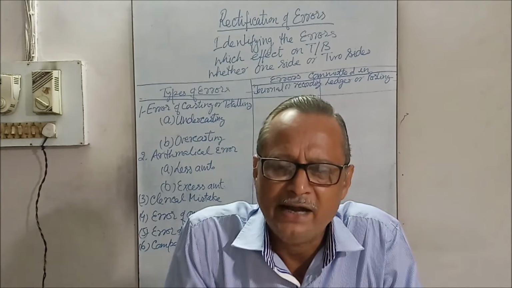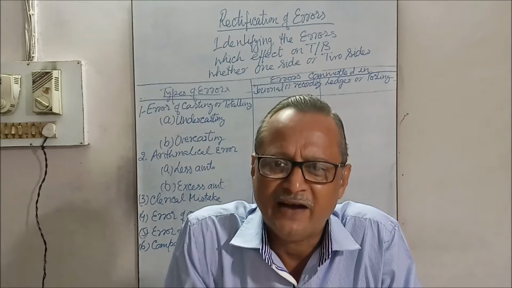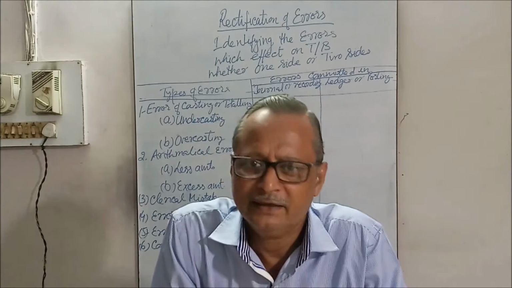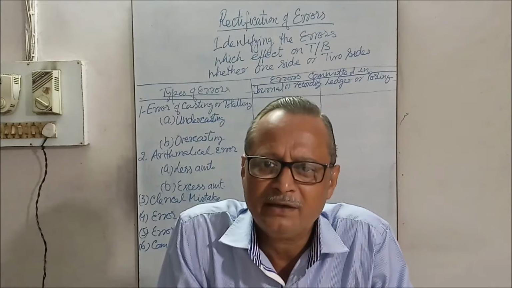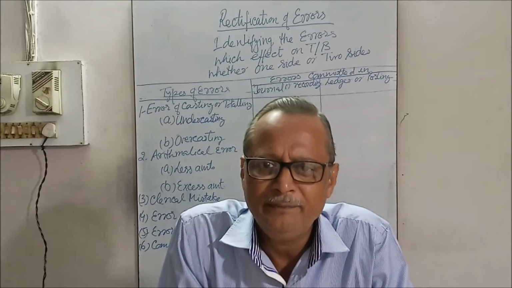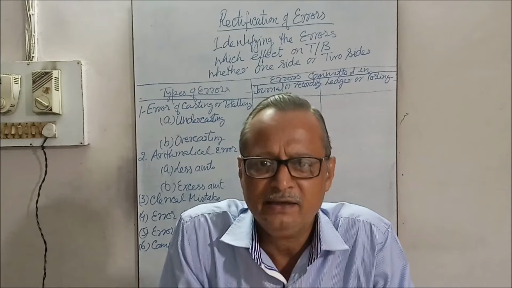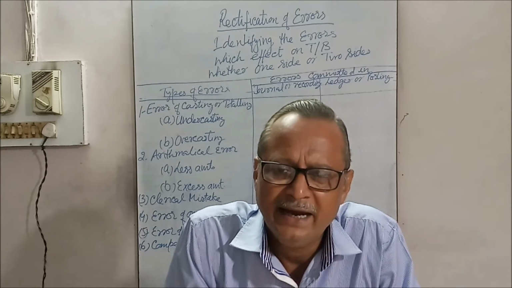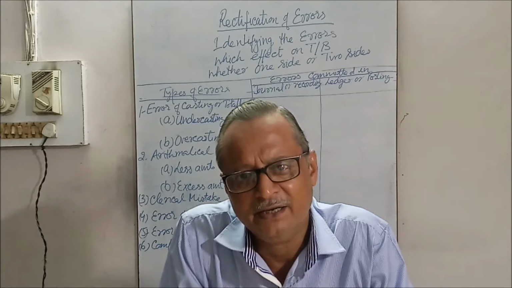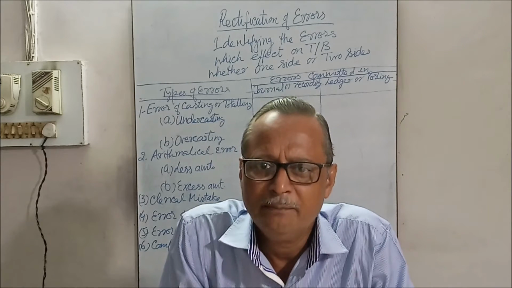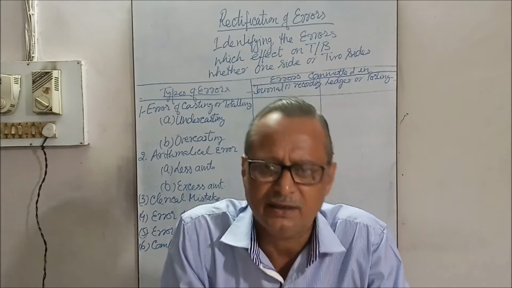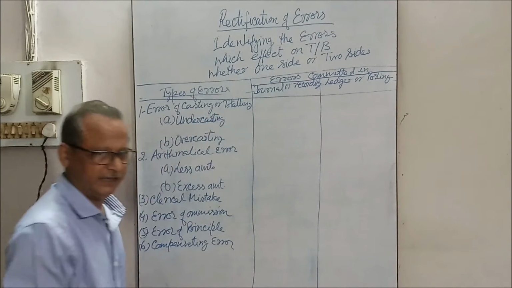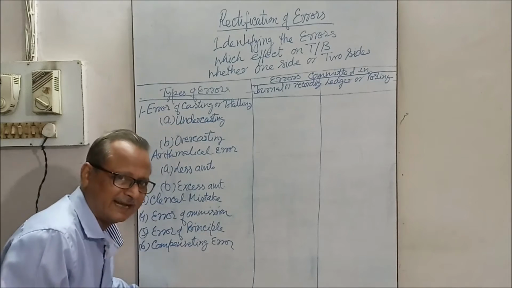If you wanted to write in A's account 500 and in B's account 5000, both on the debit side, but while recording or posting, in A's account it is mentioned as 5000 and in B's account it is mentioned as 500. Both places are wrong, but both compensate each other. That is nullifying the error. That is called compensating error. Now these types of errors are there.